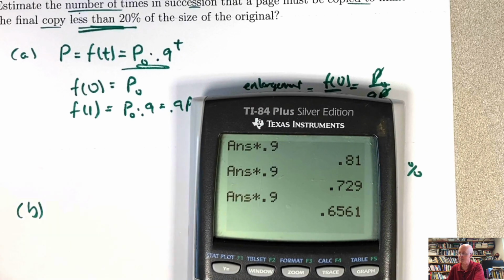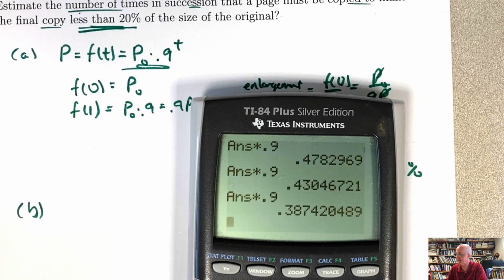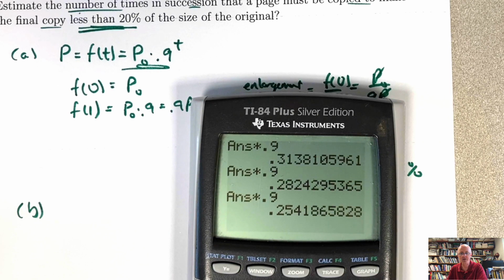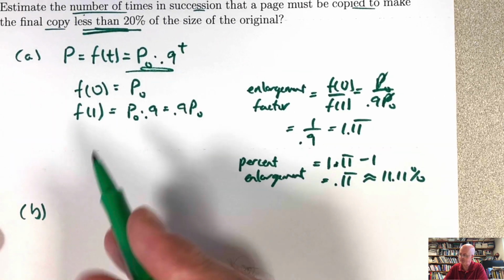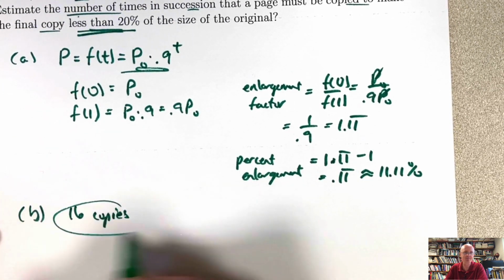I want to keep going until I'm less than 0.2. 5, 6, 7, 8, 9, 10, 11, 12, 13, getting close, 14, 15, doesn't quite do it, 16. It takes 16 copies until I get less than 0.2, less than 20%. So 16 copies would be the answer.